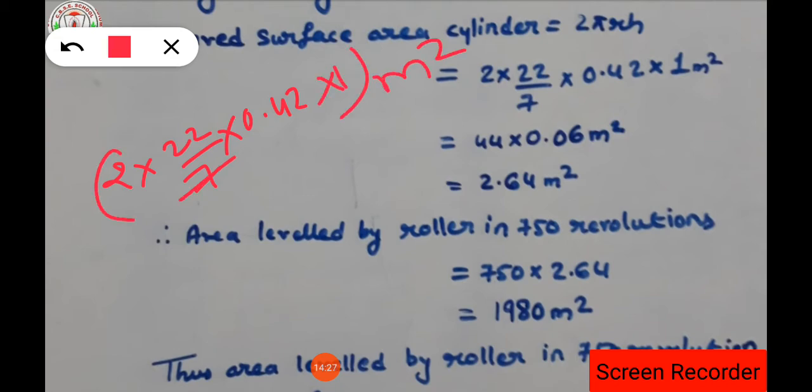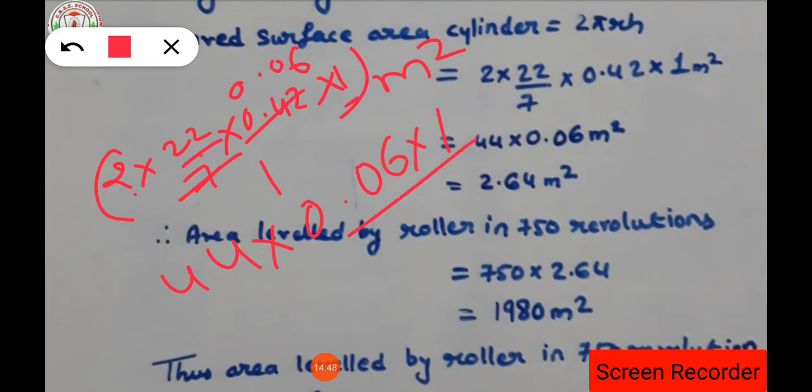Here 7 into 0.42 will be 0.06, which cancels, and 1 multiplying with any other number gives that same number. So 2 into 22 will be 44 into 0.06 into 1. 0.06 when multiplied with 1 will give the same 0.06 only. When 44 is multiplied with 0.06, it will give the answer as 2.64 meter square.